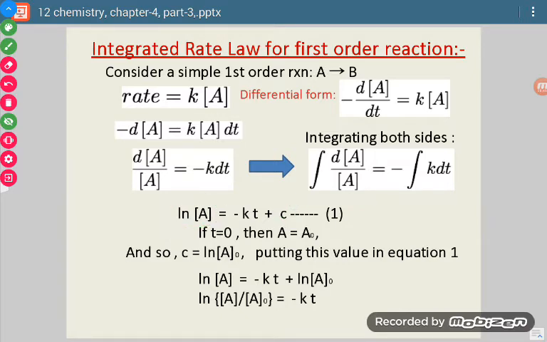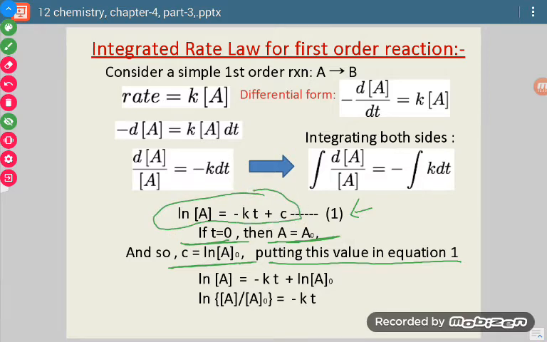Just like in the earlier derivation. Now again we will say initially when time is equal to 0, molar concentration is equal to initial concentration, A is equal to A naught. We put this value in this equation and we get C value as ln of A naught. Now we put C in this equation, and we get ln A is equal to minus kt plus ln of A naught.